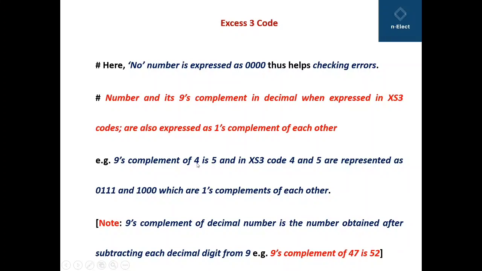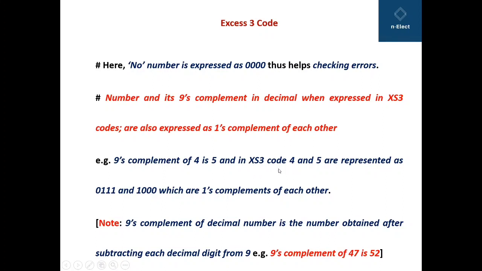If I want the 9's complement of 44, then I will have to subtract it from 99. Whatever the decimal number is, or however many digits it has, you subtract every digit from 9, and whatever remains will be the 9's complement of it. Similarly here, the 9's complement of 4 is 9 minus 4, that is 5.